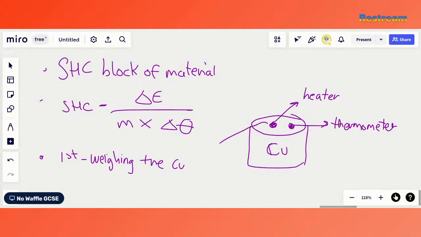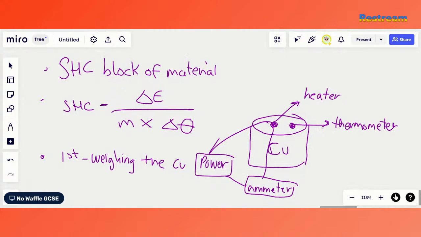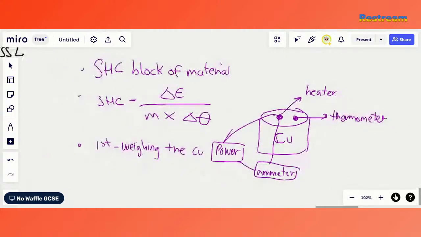So the heater, in order to work, needs to be connected to a circuit. So there's the power supply. And we also have an ammeter, which controls the amount of heat. So what we'll be doing is first weighing the copper.